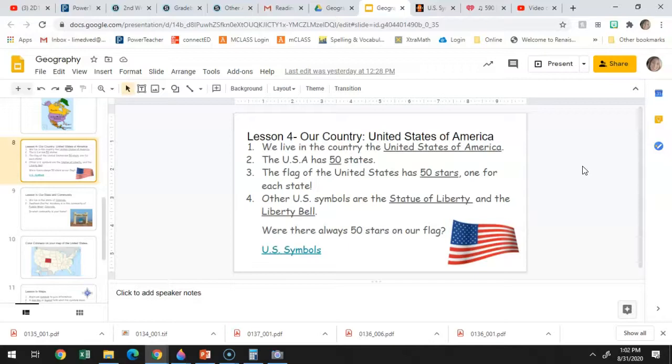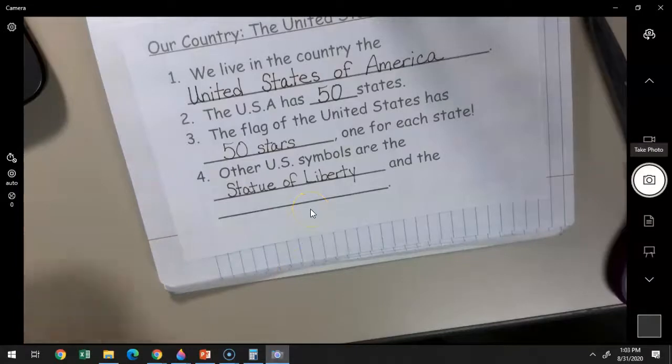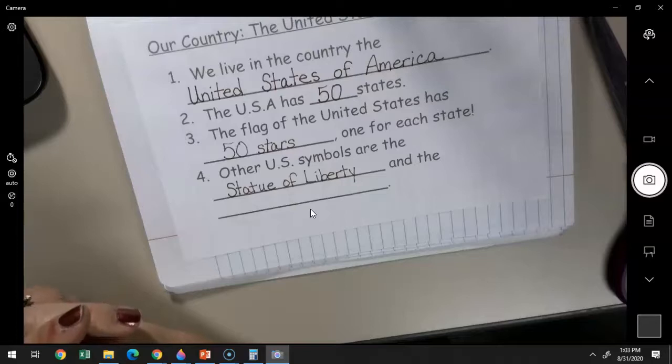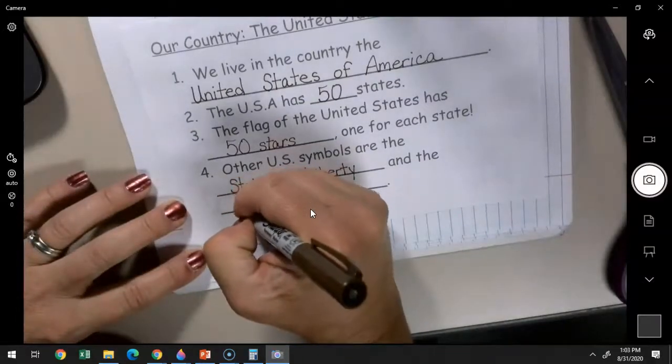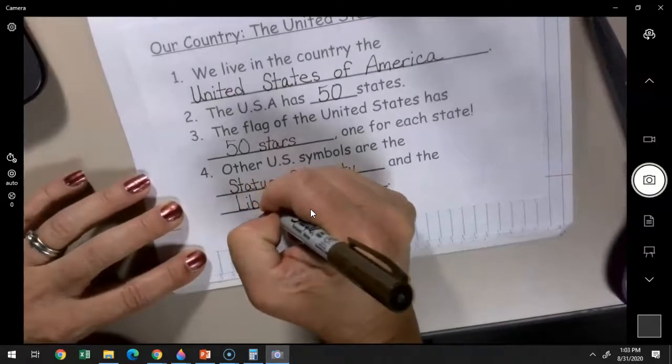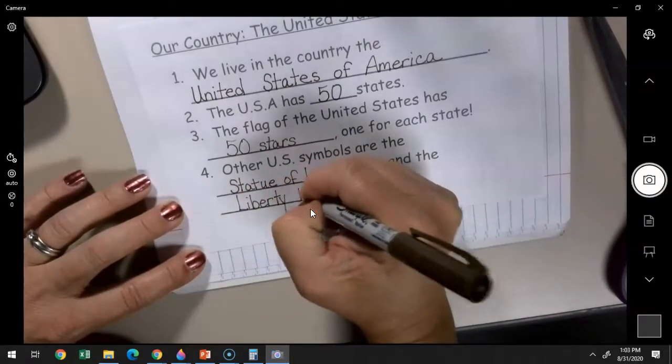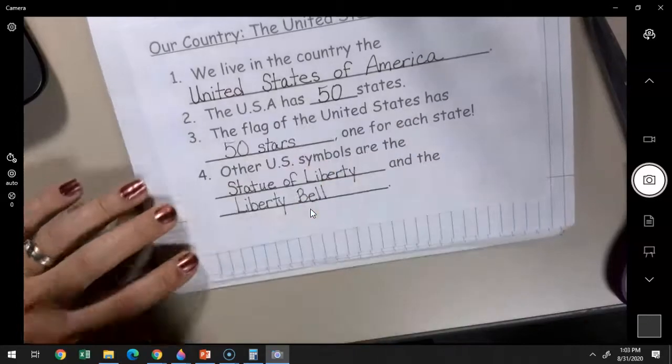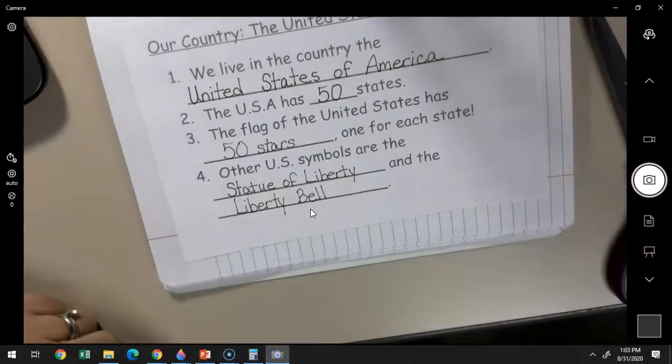And that's its full name, so the S needs to be capitalized and the L. Statue of Liberty. And then another symbol is the Liberty Bell. So when you see these two things, among others, they often represent the United States of America, just like our flag.